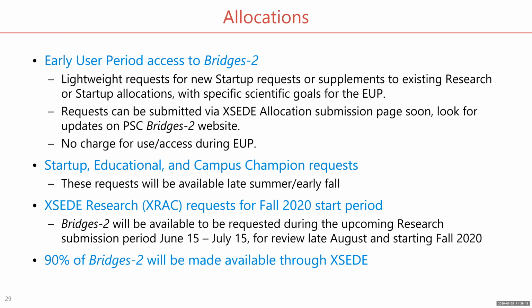This is where you'll be able to request active production research allocations on Bridges-2. And again, 90% of Bridges-2 will be available through the Exceed program.